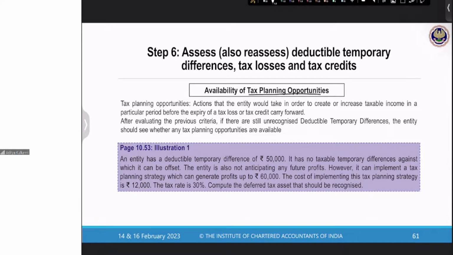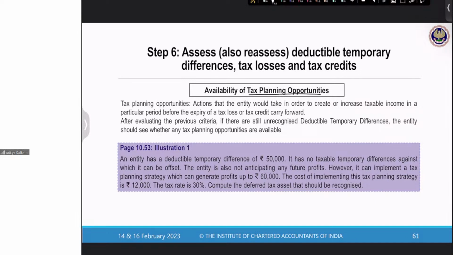For example, you would be aware that for different heads of income, tax permits different methods of accounting. Like PGBP, you can recognize based on the accrual method, whereas interest you can recognize based on the receipt method, based on receipts. So suppose you have other source income, which you are recognizing on an accrual basis as per the Companies Act.